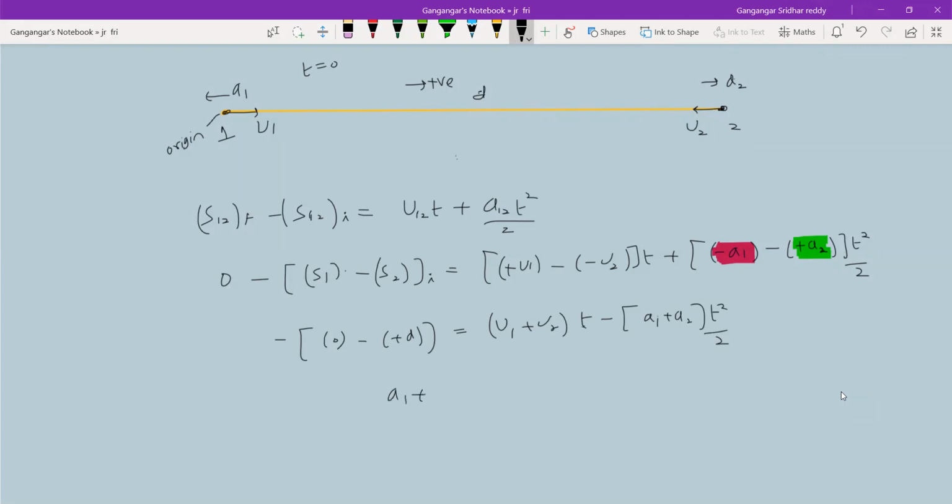So this will be a1 plus a2 t square by 2 plus d. This is d, not a. Solve this quadratic equation, you get two times, then the difference of that is delta t, then we'll get the required answer. Please look here. This is something very important.